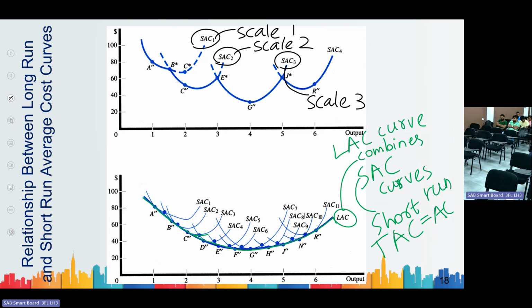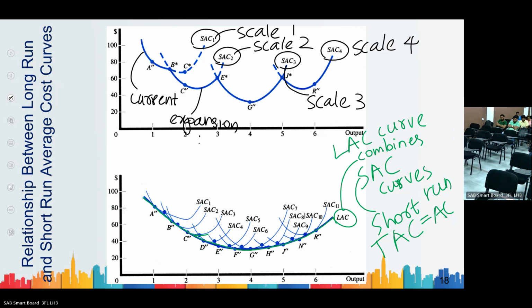This is the short run average cost curve for scale 4, after the third next expansion. This is the current scale. This is after expansion 1. This is after expansion 2. This is after expansion 3.